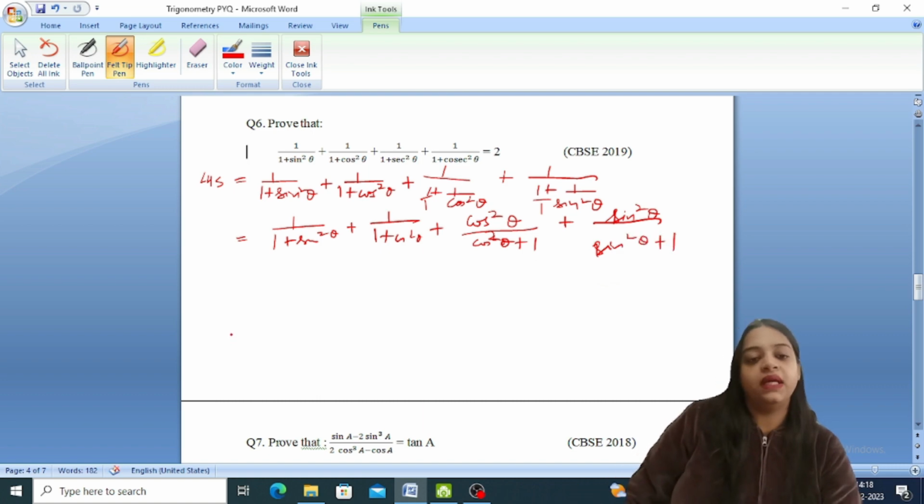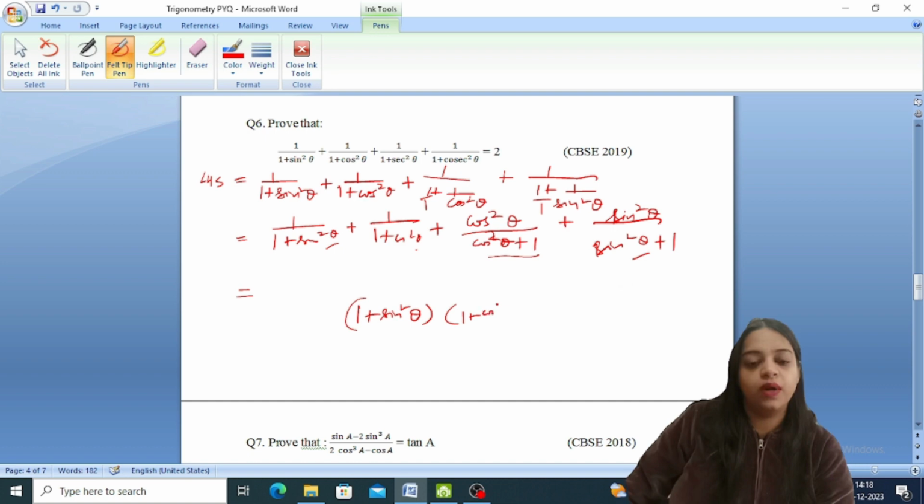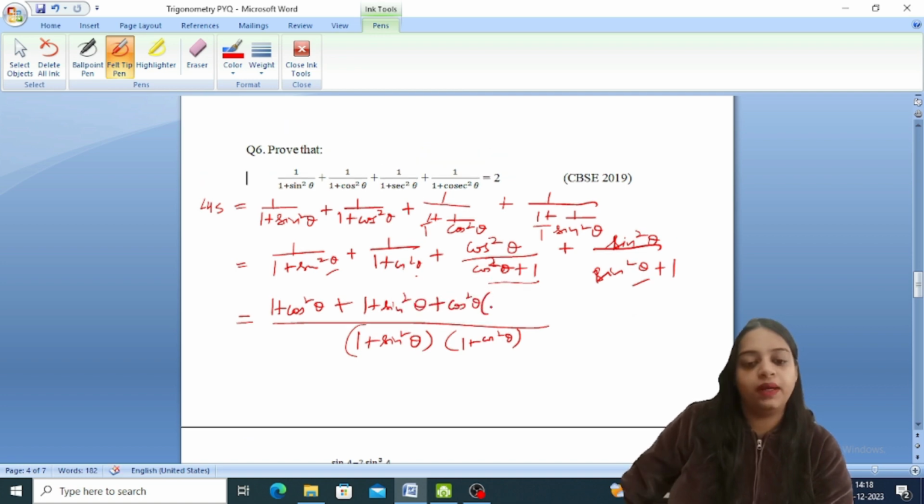Now I am taking the LCM of all the four terms. So you can see here it is 1 plus sin square theta, here 1 plus sin square theta, this is 1 plus cos square theta, 1 plus cos square theta. So the LCM can be 1 plus sin square theta into 1 plus cos square theta. This one will be multiplied with 1 plus cos square theta. Here 1 plus cos square theta is already there, so we will multiply it with 1 plus sin square theta. This cos square theta will be multiplied with 1 plus sin square theta.